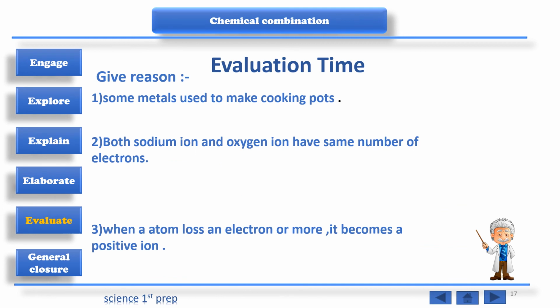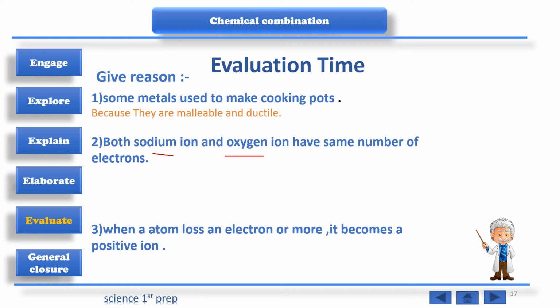And now this is the time for evaluation. My question: give reason for why some metals are used to make cooking pots. Because they are malleable and ductile, can be formed into shapes, and are good conductors of heat. Also, both the sodium ion and oxygen ion have the same number of electrons.